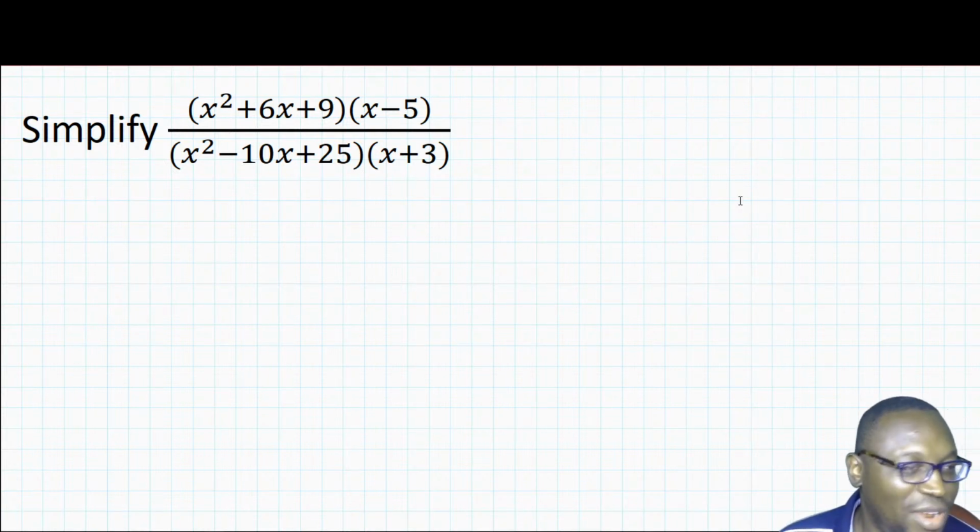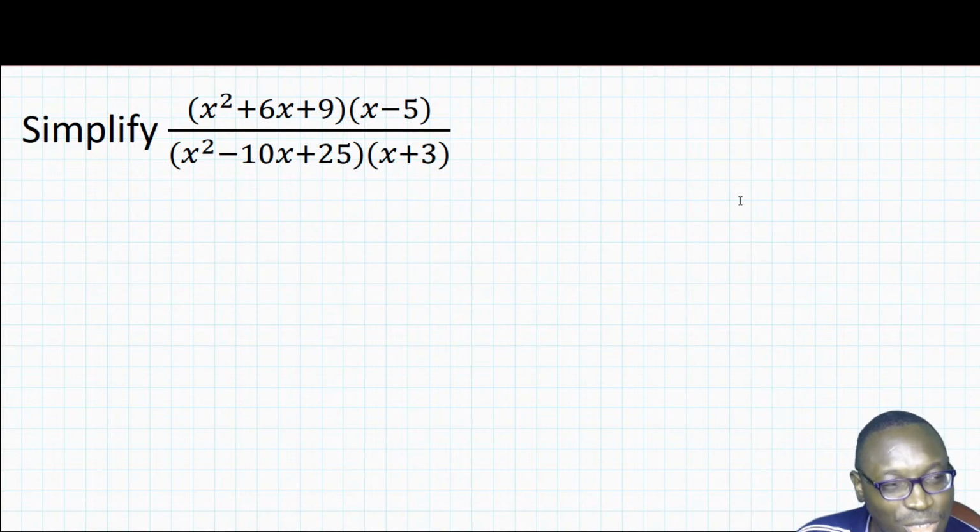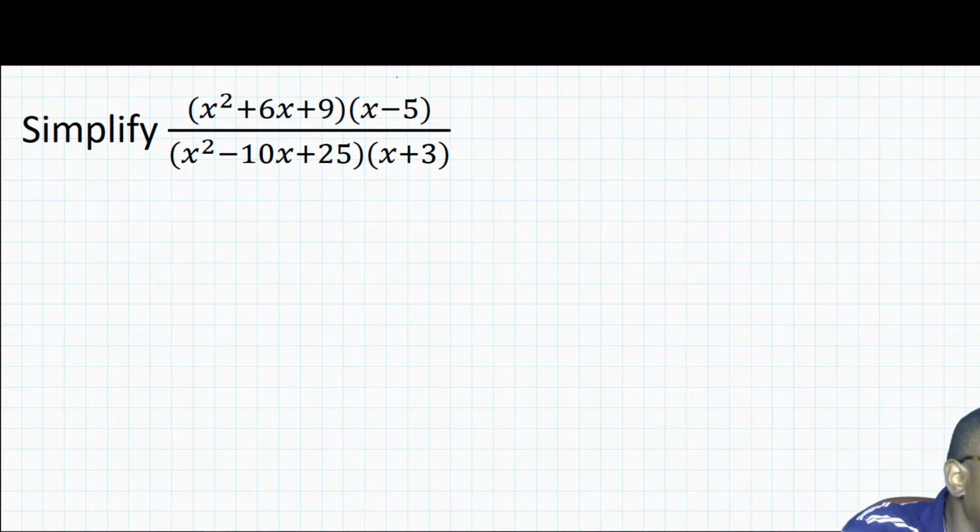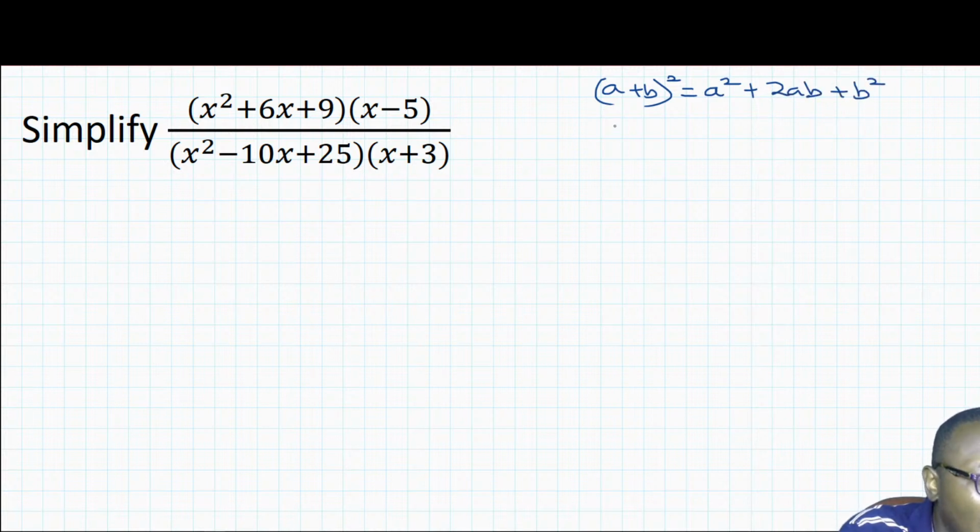Okay, another set of quadratics, and this is actually more of an Algebra 2 question, but you need your knowledge from Algebra 1 to answer it. Let me give you a hint on this. (a plus b) squared is going to be a squared plus 2ab plus b squared, and then (a minus b) squared is going to be a squared minus 2ab plus b squared.